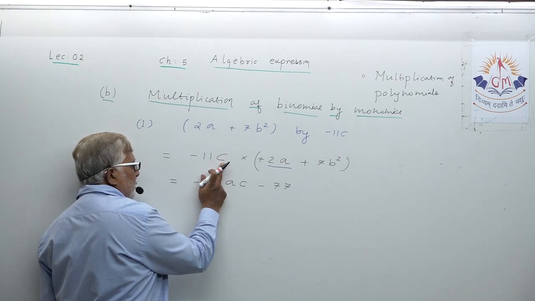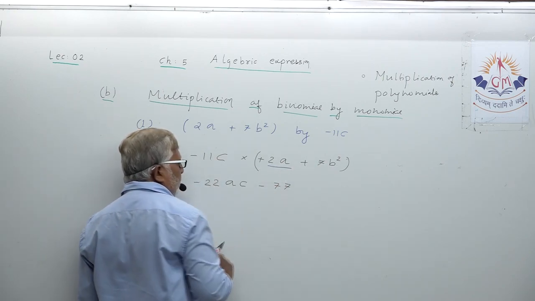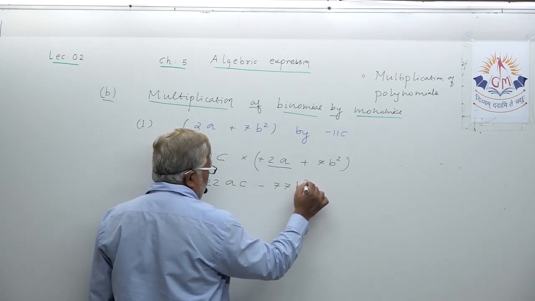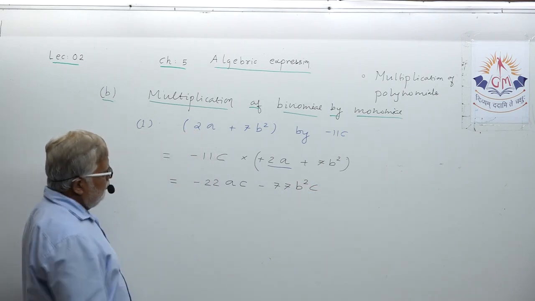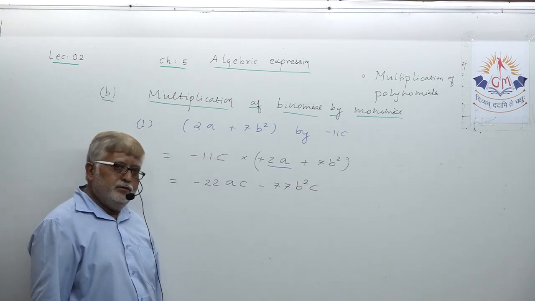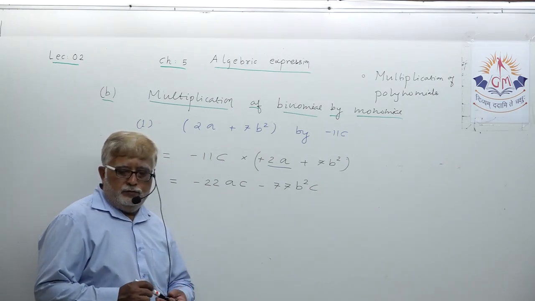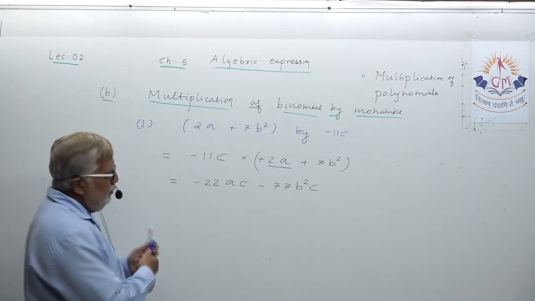Here variable c, here variable b square. Nothing is possible because of different variables. So write b square c. Multiplication is over. You understood this? Okay.